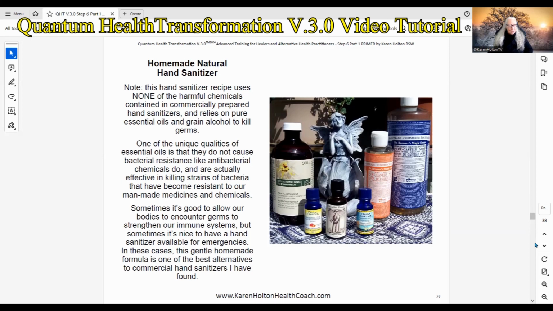Sometimes it's good to allow our bodies to encounter germs to strengthen our immune systems, but also sometimes it's nice to have a hand sanitizer available for emergencies. In these cases, this gentle, homemade formula is one of the best alternatives to commercial hand sanitizers that I have found.